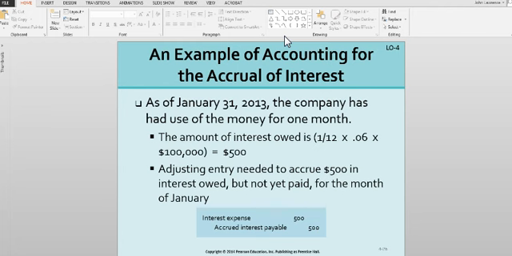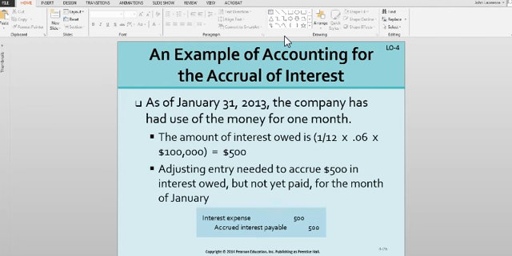So $6,000 in annual interest equates to $500 in interest each month. At the end of January, we're going to record an adjusting entry where we debit interest expense for $500 and we credit, or increase, a liability account called accrued interest payable for $500.